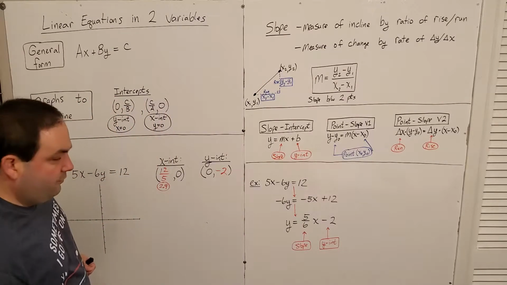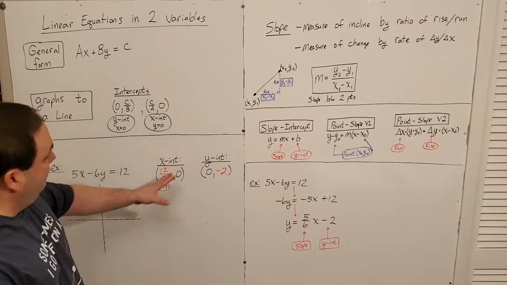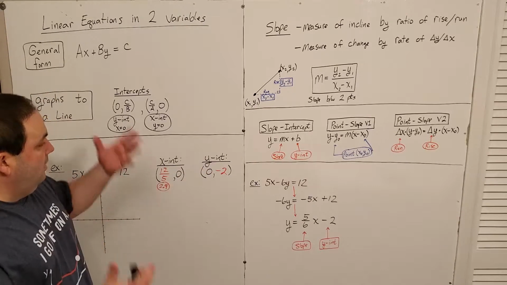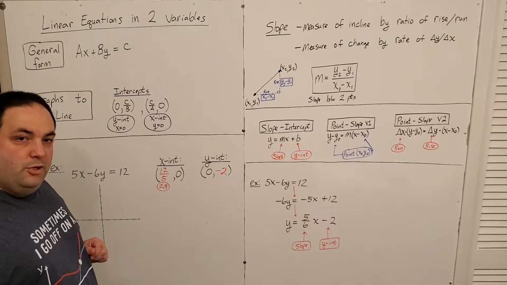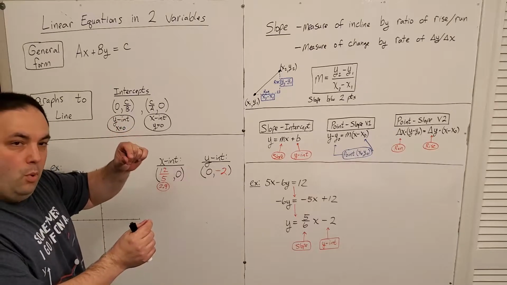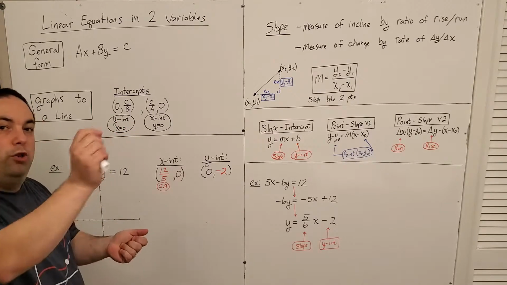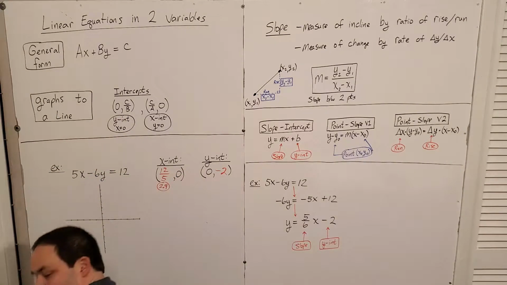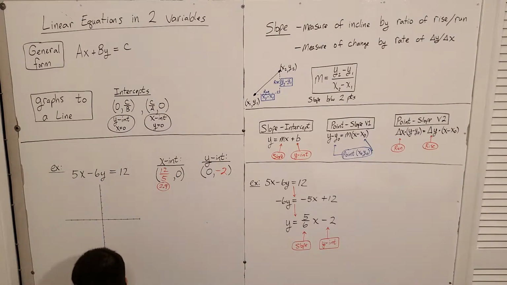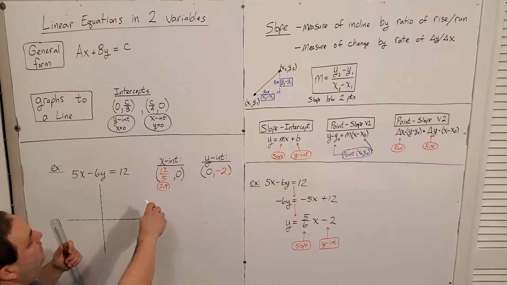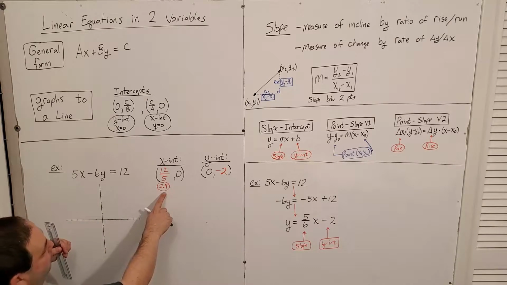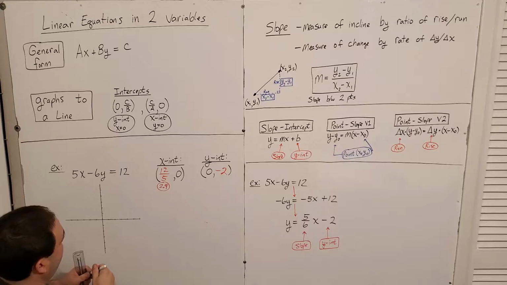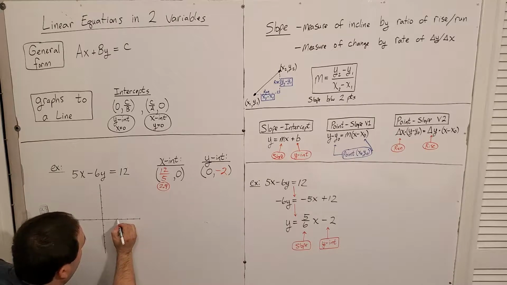Okay, so from there, I would just want to plot those 2 points, and that's really the minimum that you can get away with. If I can plot 2 separate points, that's always going to create one unique line. Okay, so let's do that. I have 2.4 x-intercept. That's going to be somewhere right about right here.